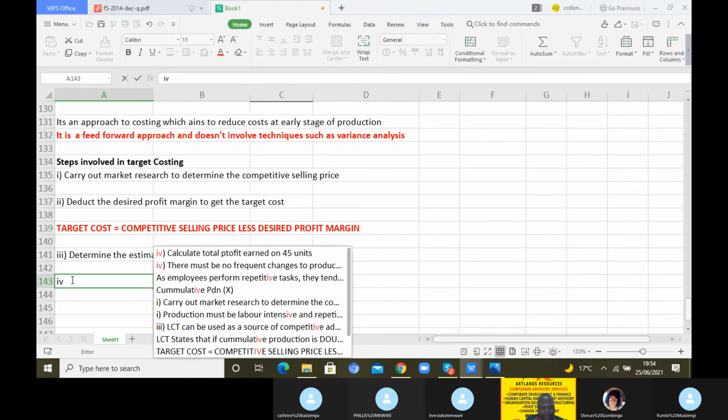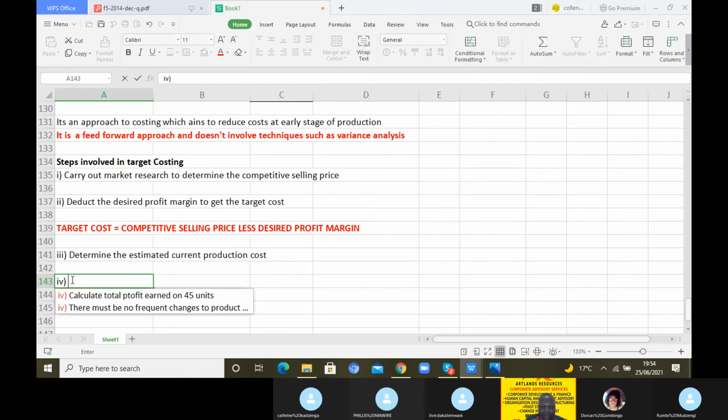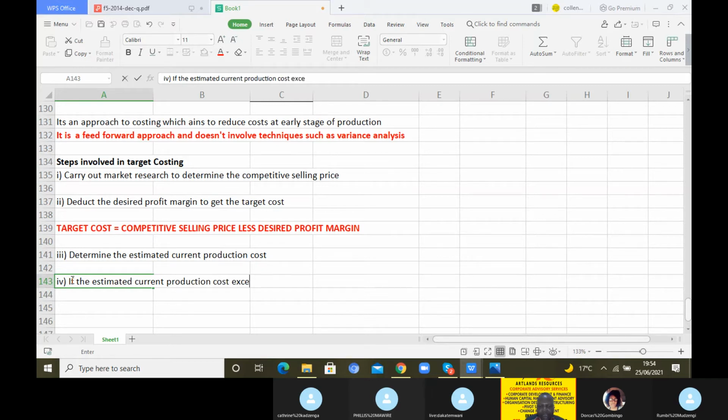Now step number 4 is like this. If the estimated current production cost exceeds the target cost, a cost gap is said to exist.